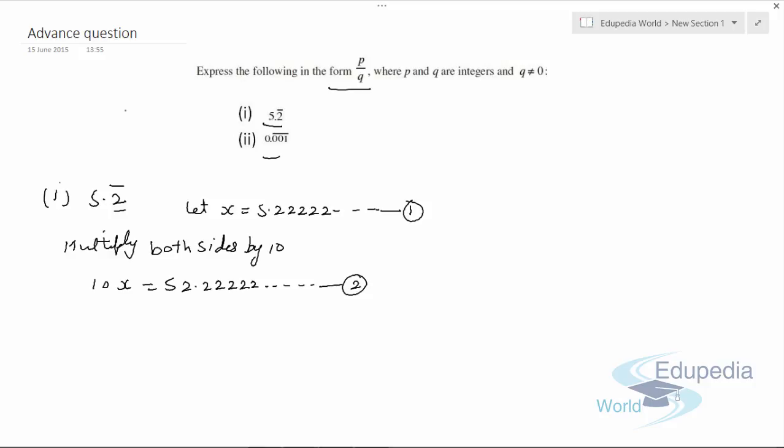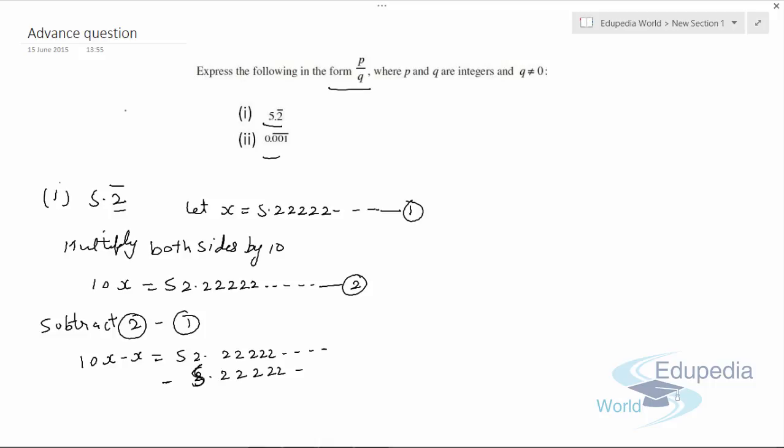Then we subtract 1 from 2. So what we get is 10x minus x equals 52.2222, and it goes on, minus 5.2222, and it goes on.